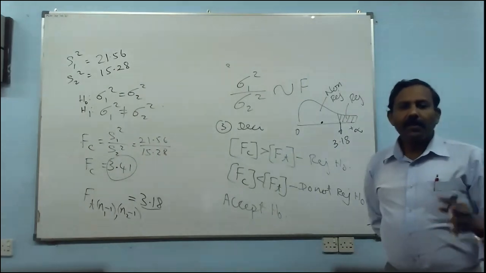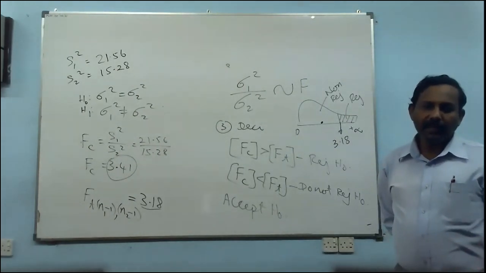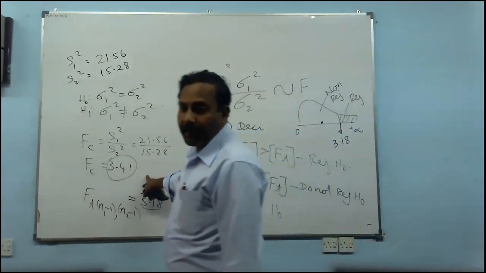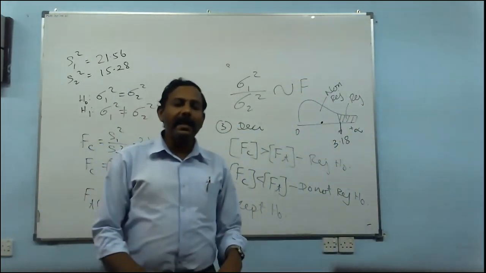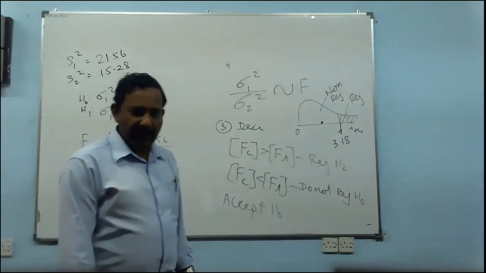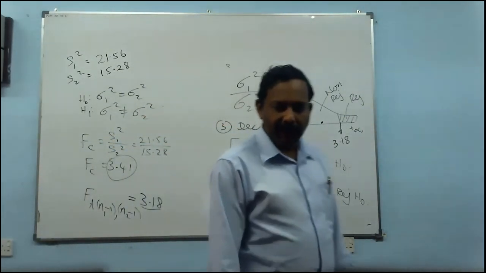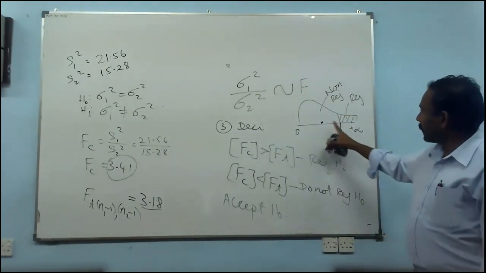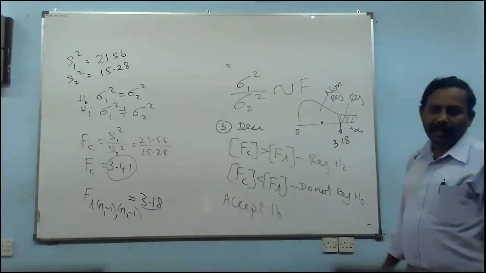We'll have to proceed with another procedure. If the calculated value is smaller than the table value, then we can assume homogeneity exists, because of this rejecting and non-rejecting concept.